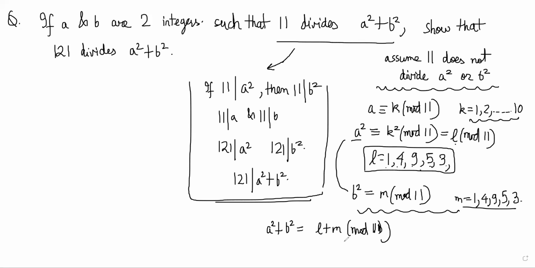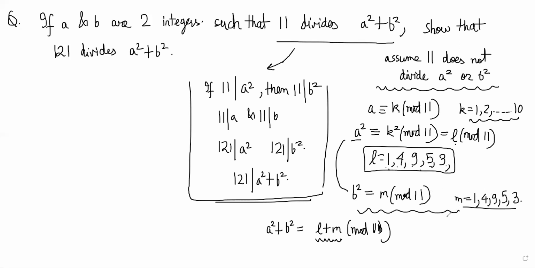There is no sum that is 11 or a product of 11. 1 plus 4, 1 plus 9, 1 plus 5, 1 plus 3, then 4 plus 9, and so on.